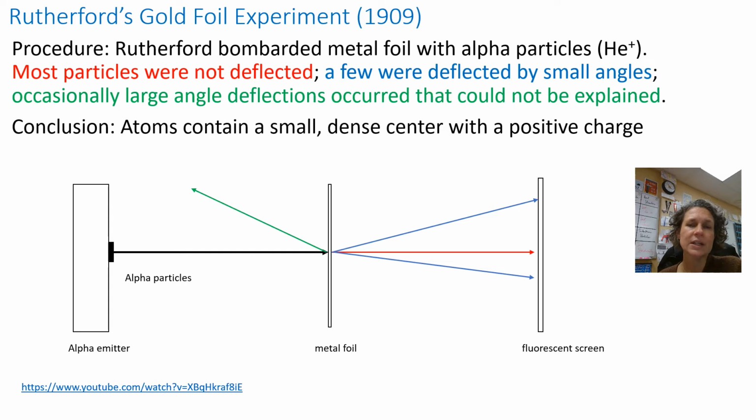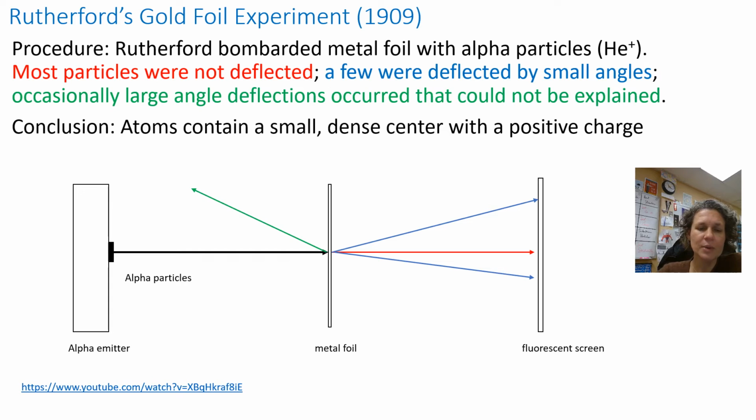What he did was bombard a metal foil, gold, with alpha particles. Alpha particles are similar to the radioactive particles that come from the sun, the things that give you a tan. It's also similar in a way to how X-rays work.